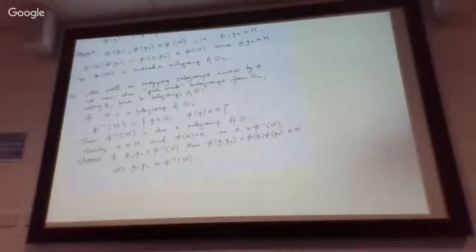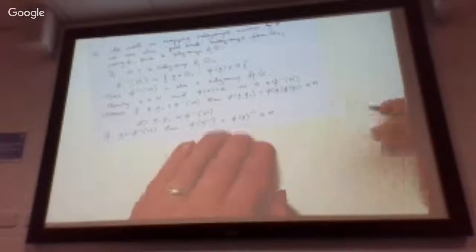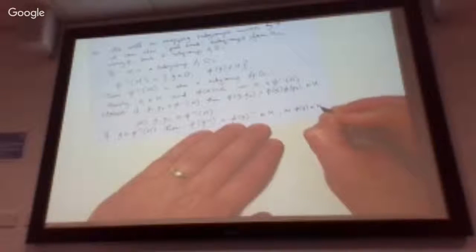And then we just need the inverses property. If g is an element of phi inverse of H, then phi of g inverse, by what we've proved already, is just the inverse of phi of g. That is again an element of H, since H is a subgroup and the element phi of g is in H. Phi of g is in H, so is its inverse.